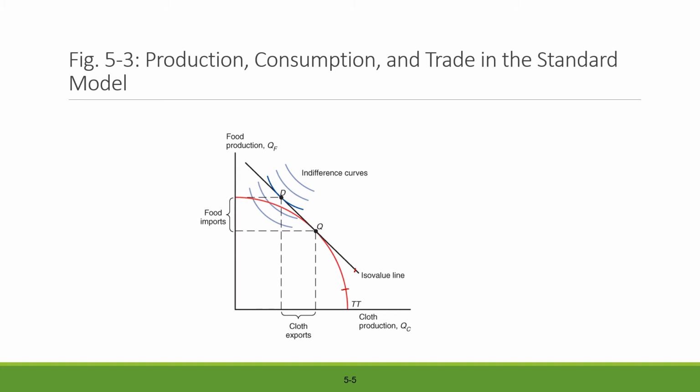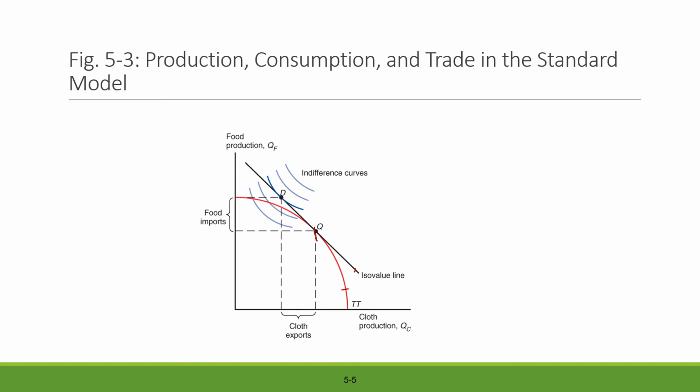In the last lecture, we talked about the production, how much we should produce, and that is at point Q, where the ISO value line and the production possibility frontier are tangent to each other. But now we talk about the consumption, how much we should consume. If there was no trade, then we would be consuming at point Q, because we would be consuming whatever we are producing.